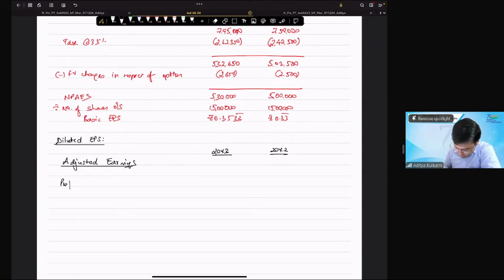profit for basic EPS: 5,30,000 and 5 lakhs. Okay, and then add interest and other charges.